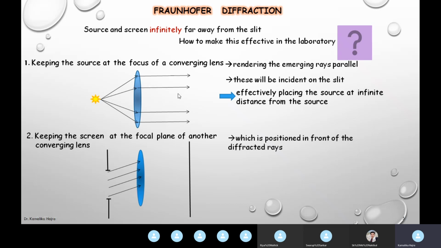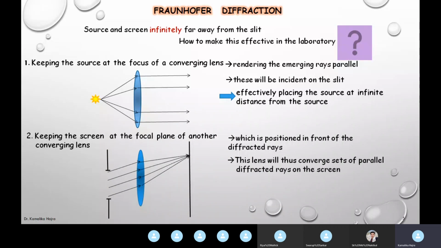So these parallel rays are incident on the slit from this side, and then they have been diffracted because of this slit, and a particular set of parallel rays fall on this converging lens. Where will they meet? Since this lens is a converging lens, it will converge the set of parallel diffracted rays on the screen, which is placed at the focal plane of the converging lens.